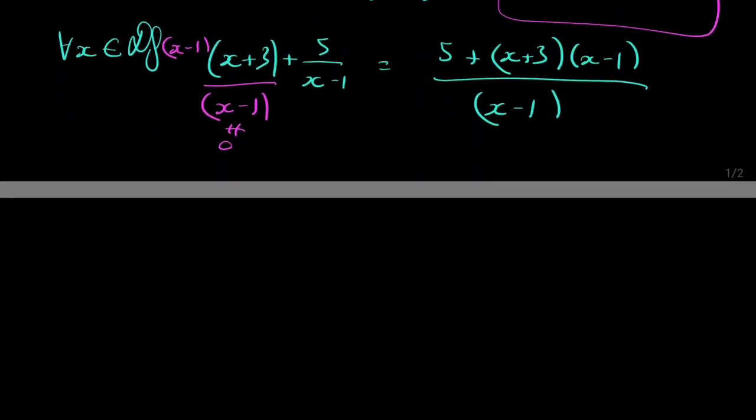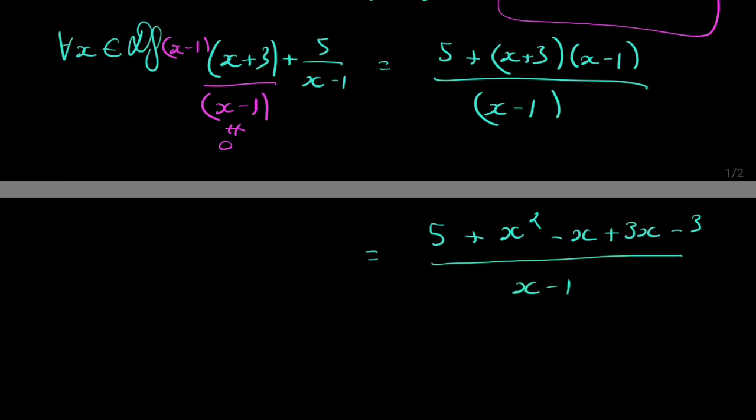Now let's develop. This is equal to 5, of course, plus x squared minus x plus 3x minus 3 over x minus 1.